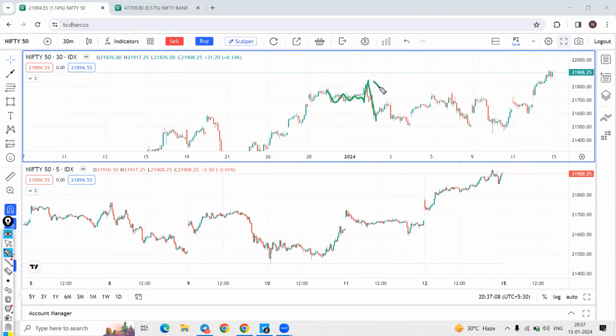So always remember, failure attempts are more powerful. Who is failing? No point in wasting time on which pattern is forming, which candle pattern is forming. Focus on who is failing. Bulls who have tried to make an upside move are failing and price is trying to come down. So now my next focus is, when next time price approaches this area, what is the reaction of sellers, bearish players?